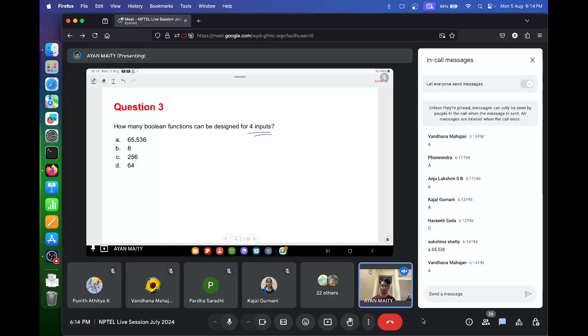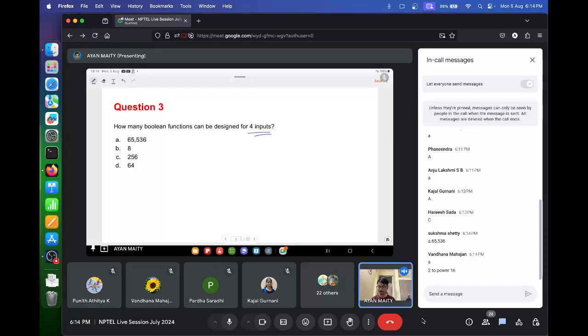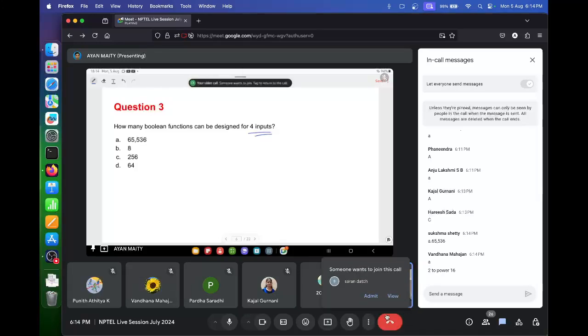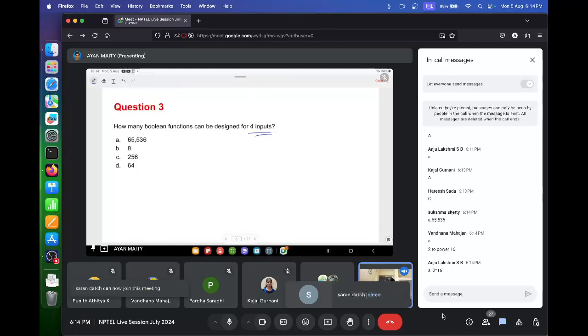Vandana says option A. Anju Lakshmi says option A, 2 to the power 16. Anyone else?